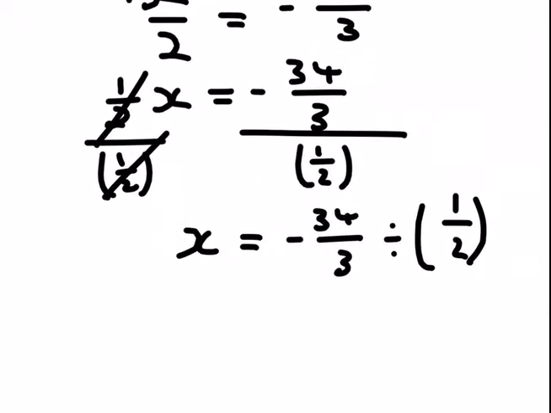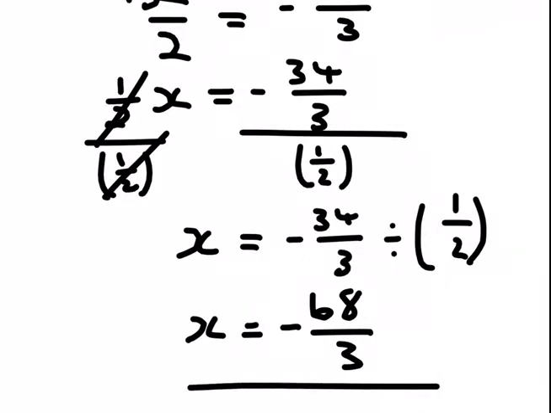Just make sure that you have a calculator that is able to do fractions. So I will start by saying negative fraction, then you say 34 over 3, and then on the side you do the divided by, you open a bracket, you do the fraction, and then 1 over 2, you close, you say equal sign, then you end up having a final answer where your x is equal to negative 68 over 3, and that is the end of it.